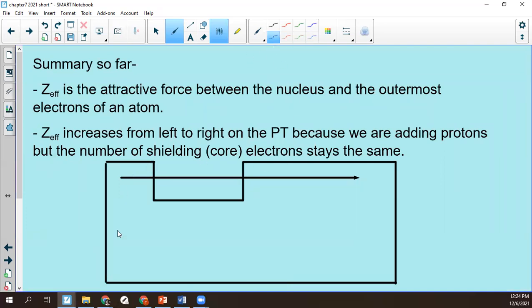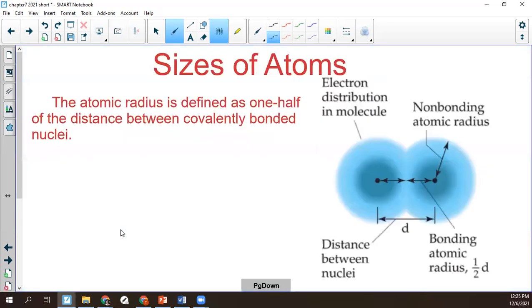When we talk about the up and down and the change in Zeff and size, make sure you realize Zeff affects your left to right. We're going to talk about size, and up and down has very little to do with the shielding constant and all that jazz. It's all about adding a shell. All right, here we go. So I'll come back to that slide in a minute. It should have been later.